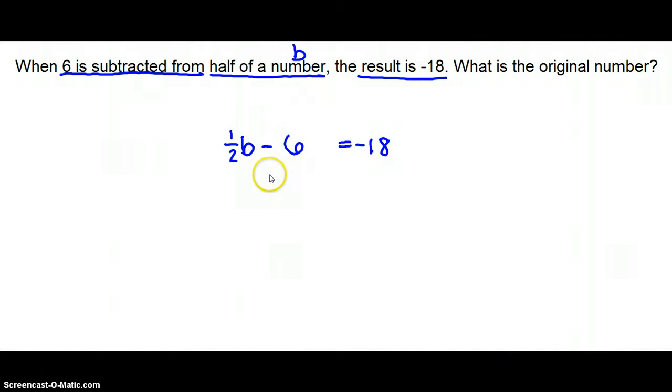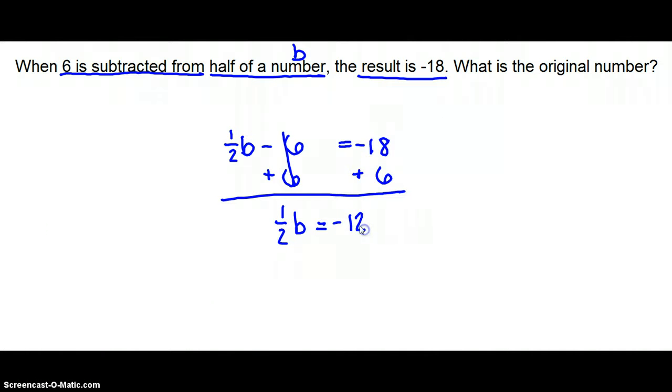The first thing that we are going to do is add 6 to both sides. Our 6's cancel here, and we're left with 1/2 b on the left equals negative 18 plus 6 is negative 12. Now we can rewrite 1/2 b to be b over 2 equals negative 12, because 1 times b is b. b over 2 equals negative 12, and now it's b divided by 2.